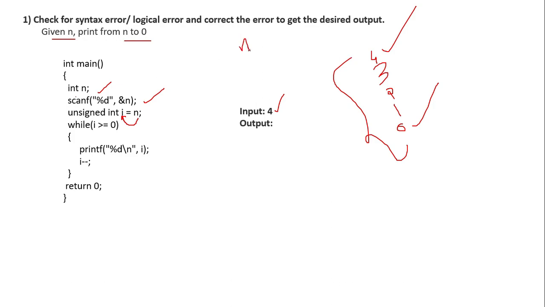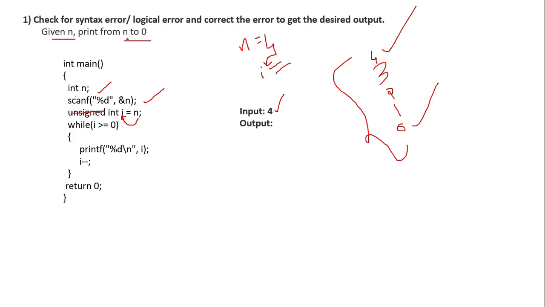For example, if n is given as 4, as you can see here, this is copied into I value. To copy this I value, we need not declare unsigned here. We can just declare int I is equal to n. Then only this loop gets repeated.